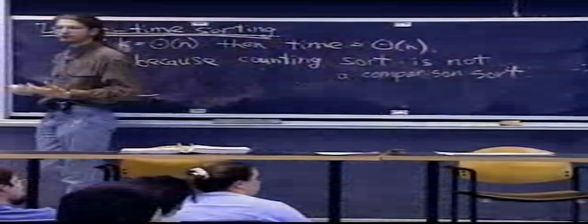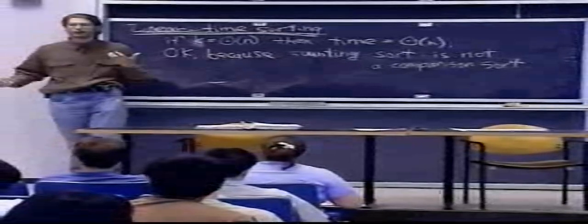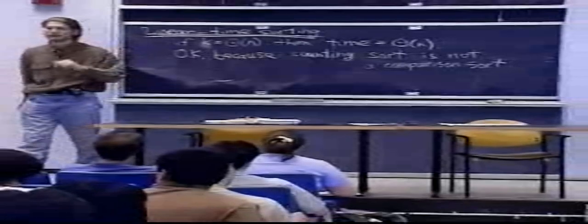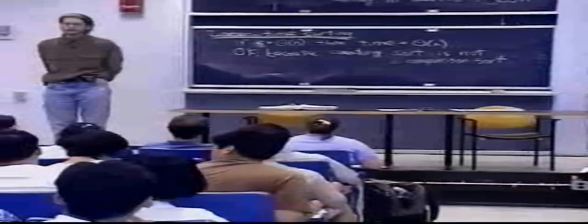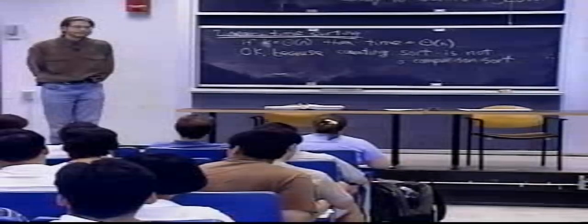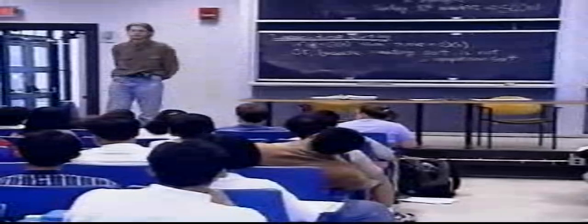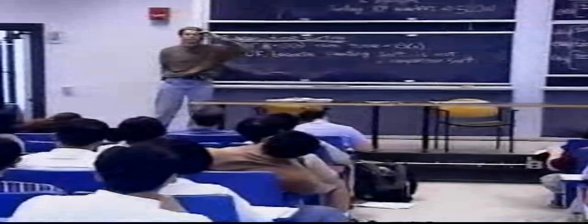This is the first illustration where it really depends on the model of computation, what you're allowed to do with the inputs. Yeah? Just a question. It seems to me that you're still doing comparisons, like comparing indices, but you have more information with counting sort than with a comparison sort. Here you know the bounds on what your input is, and in the comparison sort we talked about earlier, you didn't. That seems to me to be the important part. You're right that there are two things going on here. We know more information; we know a property of the input.